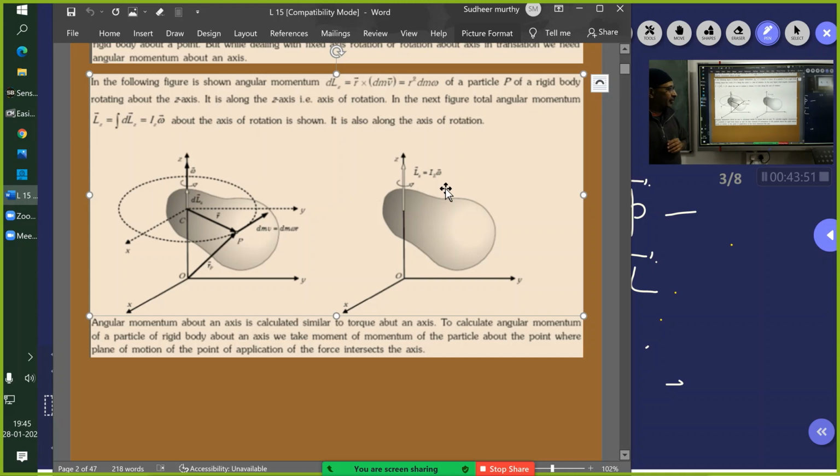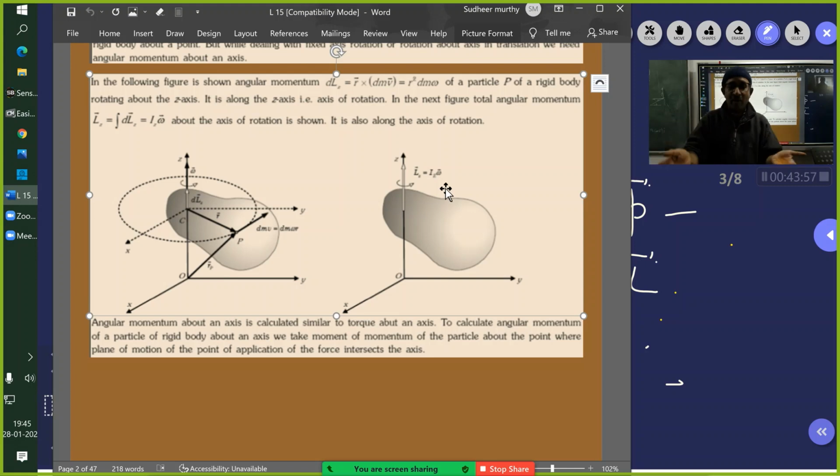I expected somebody to have this confusion: any line on the body can be an axis of rotation. You can have any number of axes, but simultaneously you cannot have any number of axes. I take a body and assume that one particle is rotating like this, another particle is rotating like this.